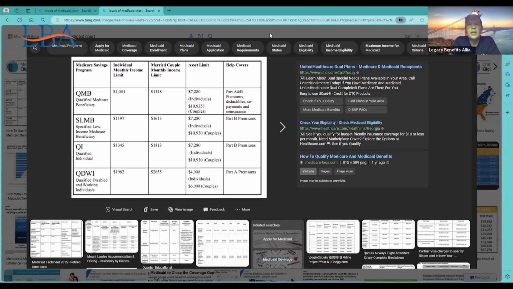But QI1 technically, again, only pays for the Part B premium. It doesn't really qualify them for dual eligible plans. However, there are some areas that, and this is where you really got to go into the summary of benefits with the dual eligible plans, where they will accept partial eligible clients to join these plans. Okay.